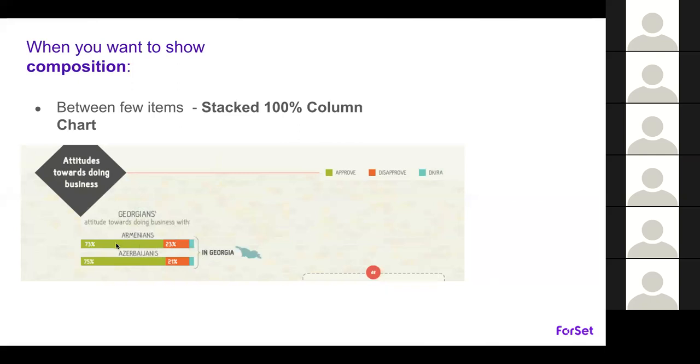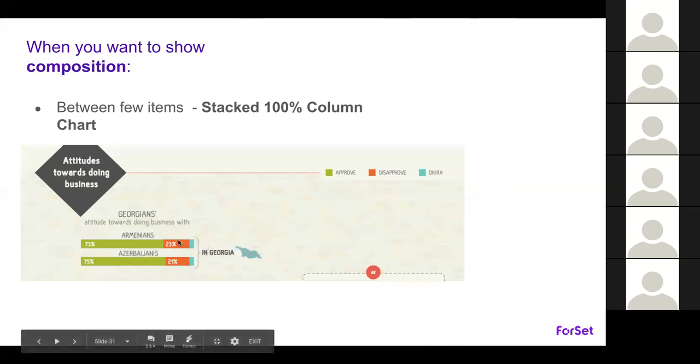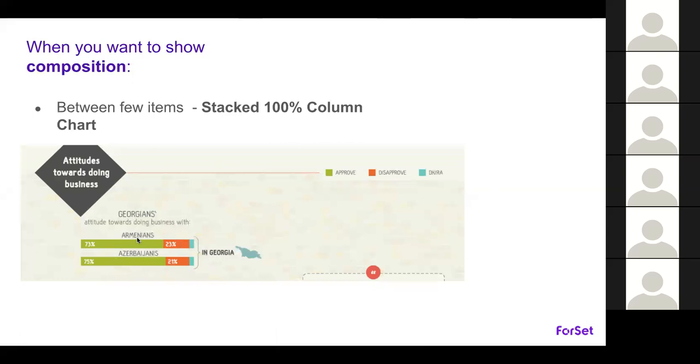And here we see that the positive, the approve attitude, which is green, is much bigger, and then disapprove is much smaller. So we see very easily the comparison between the blue and red, but we also have the opportunity to see the comparison between Armenians and Azerbaijanis. So Georgians' attitudes towards doing business with Armenians and towards doing business with Azerbaijanis. In this case, it's almost the same.